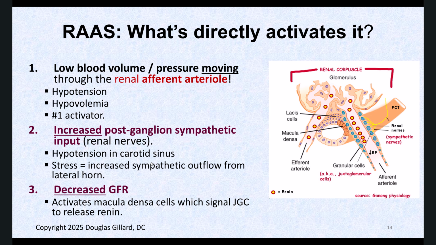If you get really stressed out, you can start to send signals down to the lateral horn of the spinal cord and start increasing sympathetic flow. And you can get the release of renin even though your blood pressure is not high. And this will make your blood pressure high.